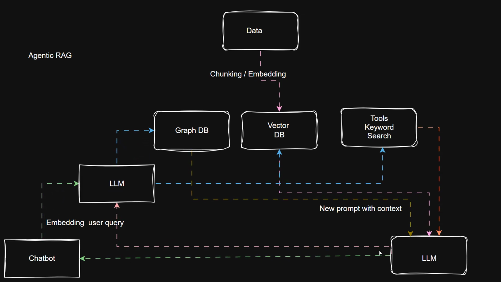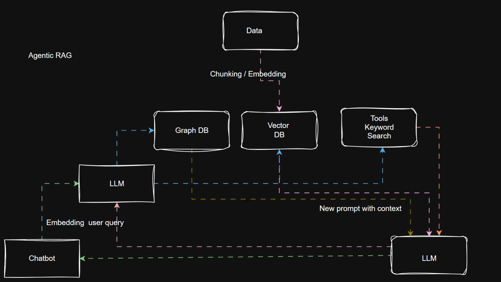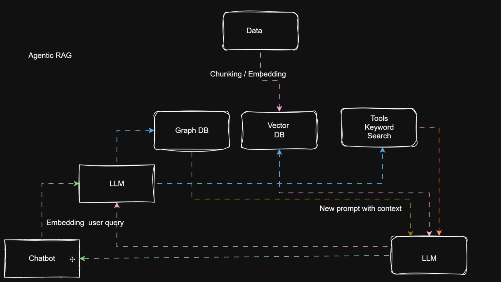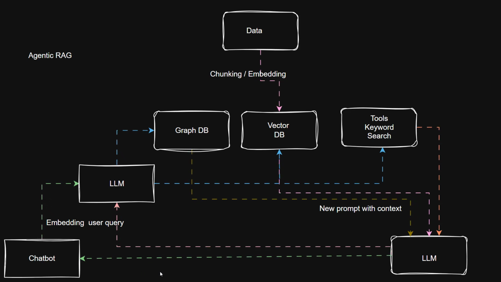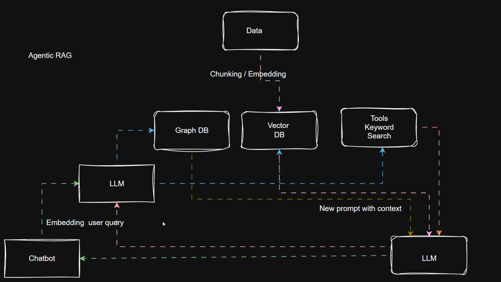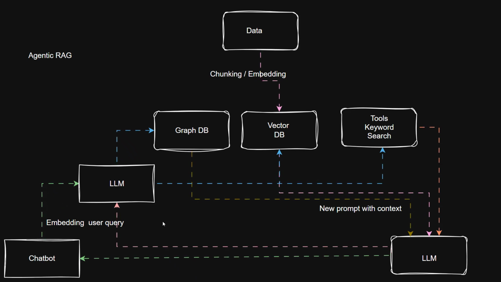I'm also showing another thing, which is this LLM calling the other LLM back, because it may realize the question is not good enough, or that it wants more information. So this can go back to the LLM, or it can go back to the chatbot saying, I need more information. Suppose this chatbot is a very specific chatbot for your HR department, and you ask it, how many days of vacation are left for me?